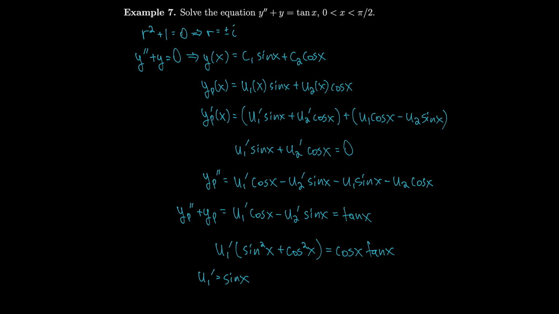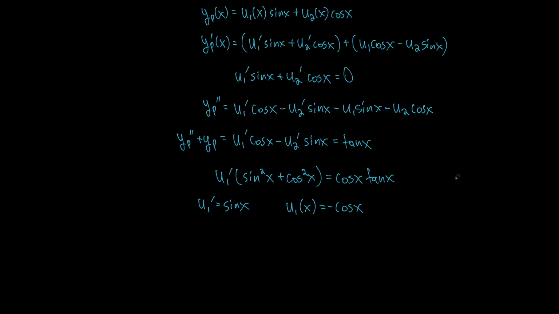So that means that if we anti-differentiate, we can get u1 is equal to minus cosine when we take the antiderivative. Notice we don't need a value of c for the same reason we're able to set this equal to 0. We're just looking for a particular solution here. We're not looking for the general solution. We're going to build a general out of the particular, so we can just say c is equal to 0, whatever, it doesn't matter.